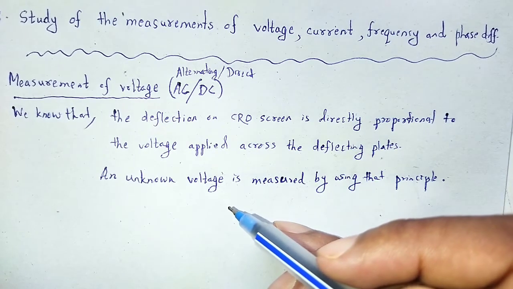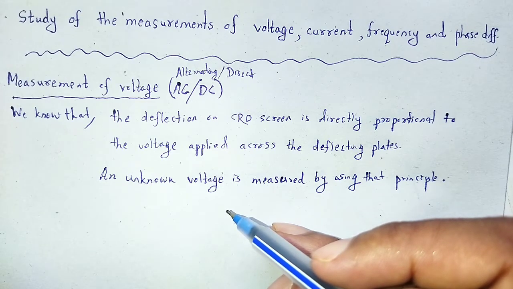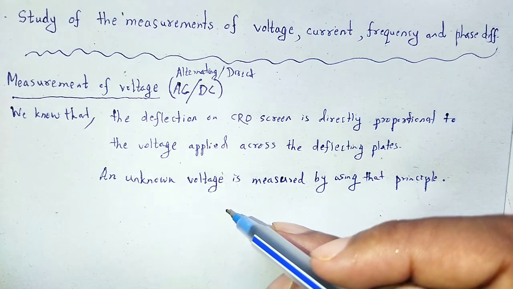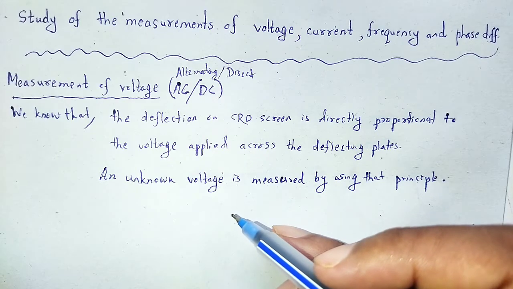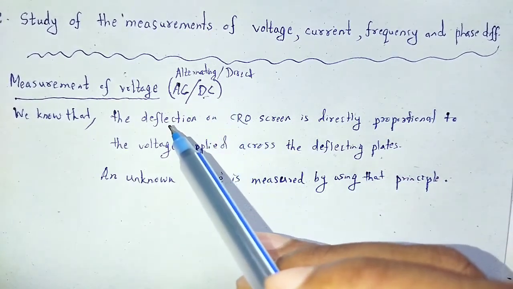The signal will give a vertical line whose height is proportional to the voltage of the applied signal under study, and that value of voltage can be measured by multiplying the deflection with the deflection sensitivity. The same thing we process for alternating current.